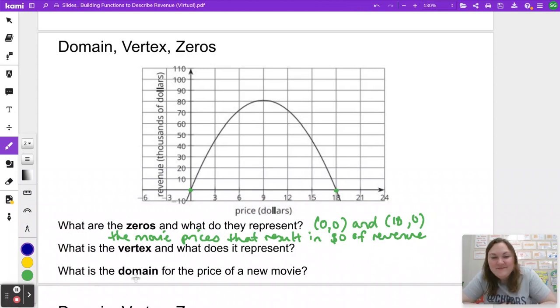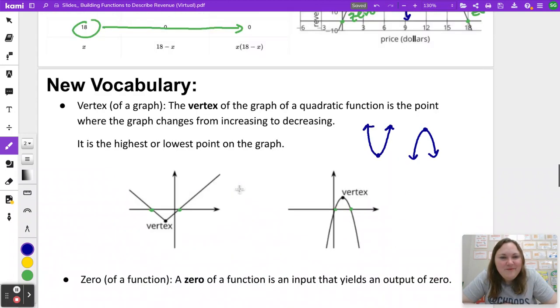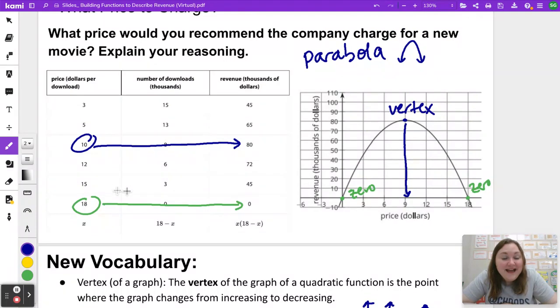Again, we've already done this above. We said the vertex is right here. So the vertex is at 9. A vertex is a point, so I need both of those numbers. Any idea how I find the second number? You could estimate it from this graph, but we do actually know how to calculate it. If I wanted to calculate the revenue at $9, it goes back to how we were calculating in this table.